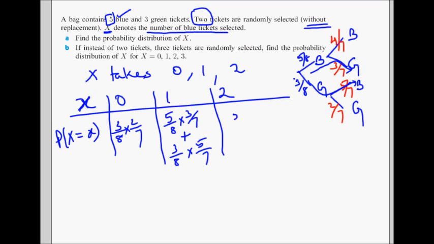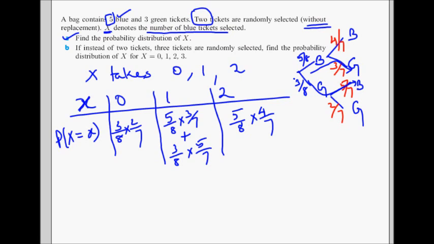And getting two blues is just straight 5 over 8 times 4 over 7. So these are the probabilities for each value of x. This is called the probability distribution of X.